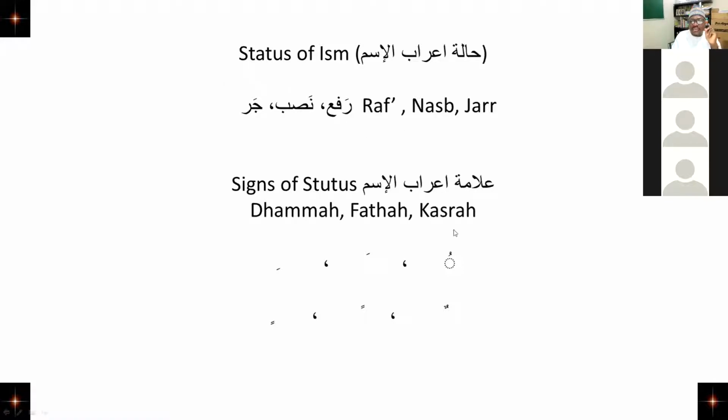Signs for those situations are the Dhamma, Fatha, Kisra. And this is just the basic one. There are others, and we come to learn them at the right time. Mr. Rabi, my brother, I hope that is clear, and we can move forward. Good.